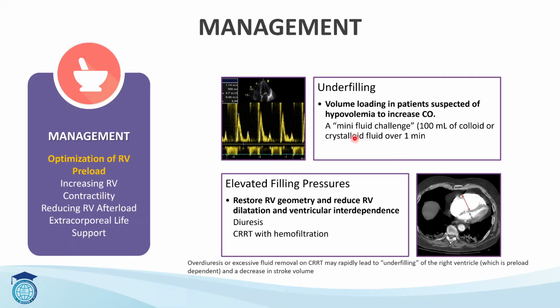It is preferred that we do mini fluid challenges in those patients with 100 ml of fluid over 1 minute and measure the improvement in the output on the right side. On the other hand, if you have a patient with elevated filling pressures, those patients need to be diuresed, and in some conditions you may do CRRT and hemofiltration.